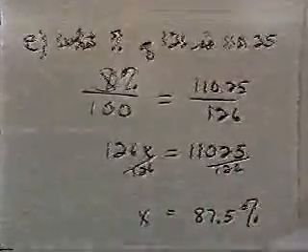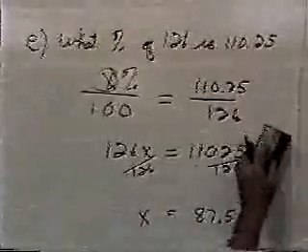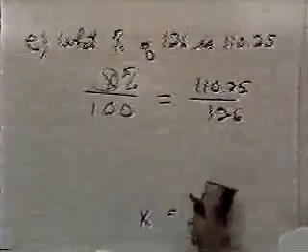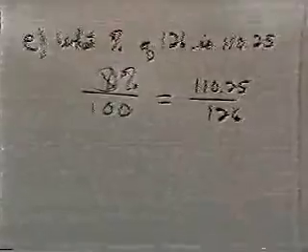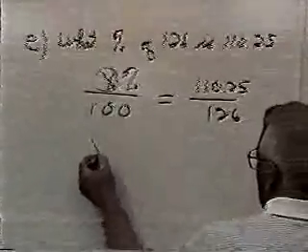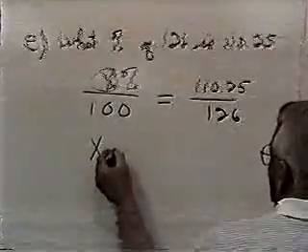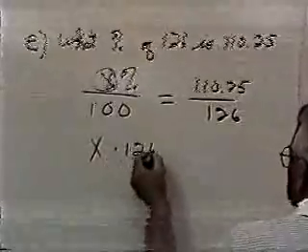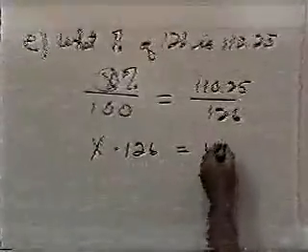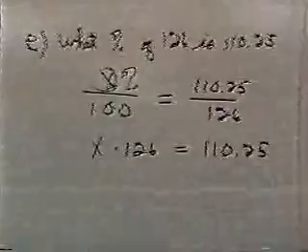Now, however, with my method of using it, you have to move the decimal. That's somewhere you have to be aware of. Now, it would be what percent of 126 is equal to 110.25.